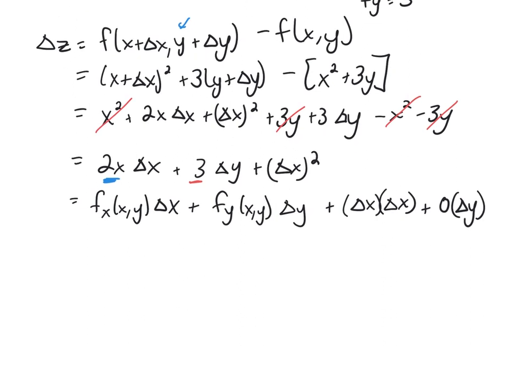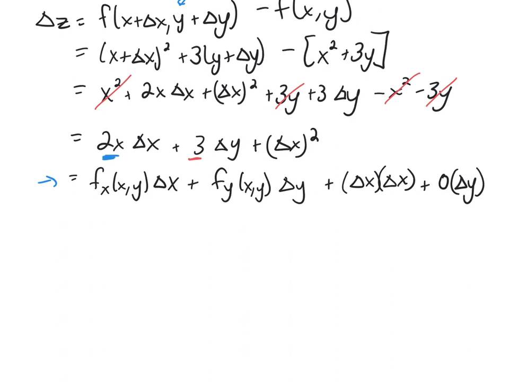And if you compare what we have here in this line with the formula and the definition, you'll see that epsilon 1 would be delta x, and epsilon 2 would be 0. Okay, so here's my delta x, delta y. Here's my epsilon 1, here's my epsilon 2.